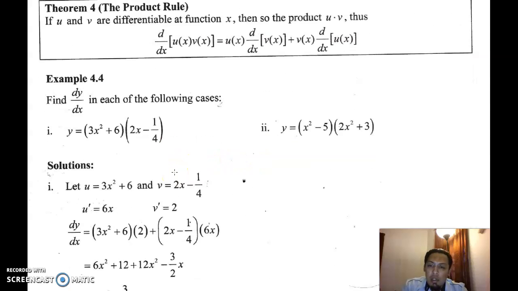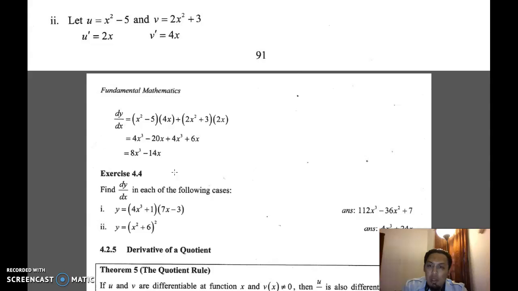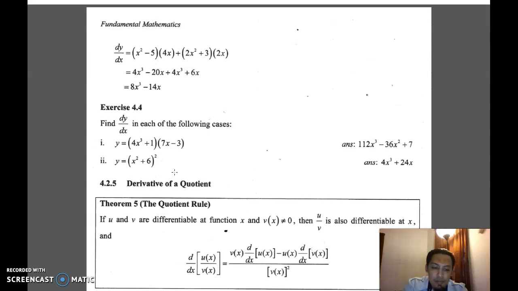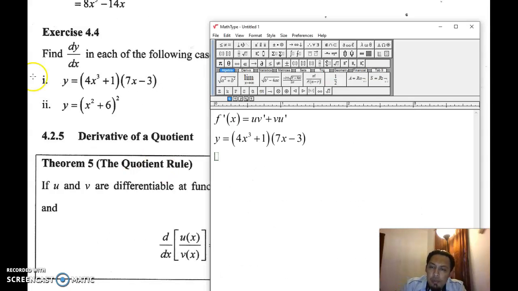So let's do an exercise. Let's look at the first question. You have the multiplication between these two functions. So let's apply the formula of product.